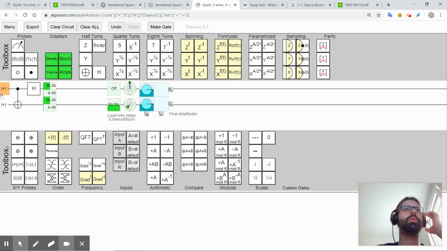Okay, so this works because if they are the same, right? If they are the same, let's say 1, 1, right? The control node is basically going to XOR them. So in this case, it's going to make them different.